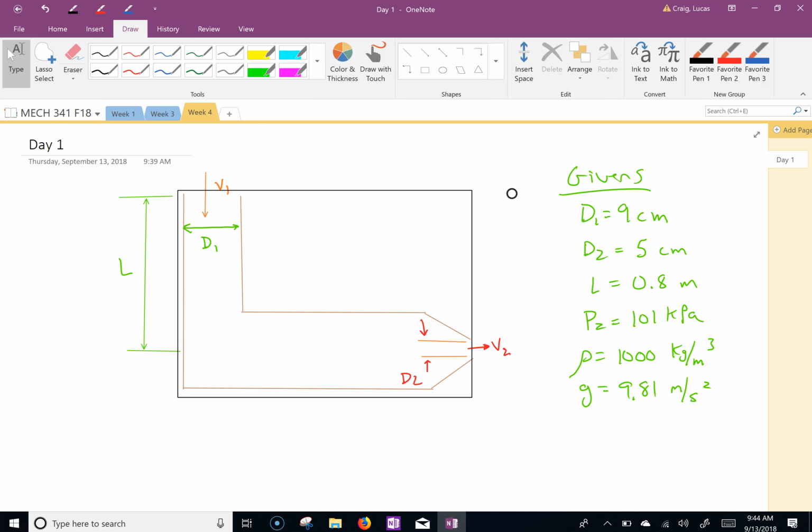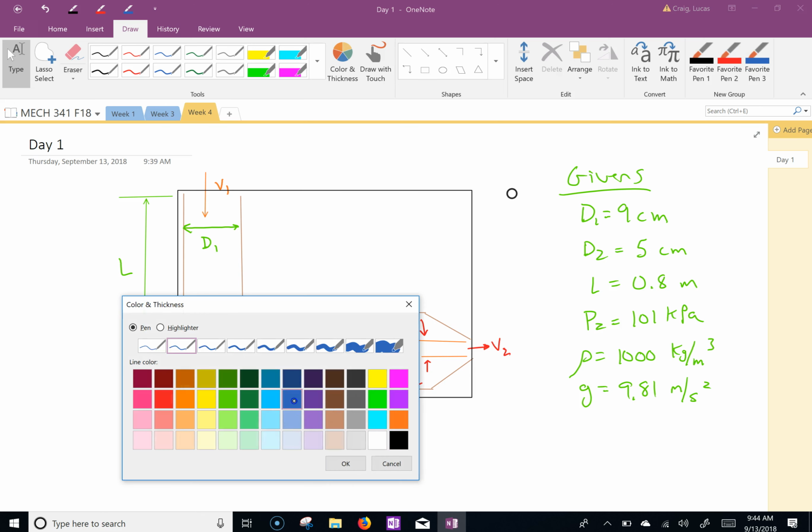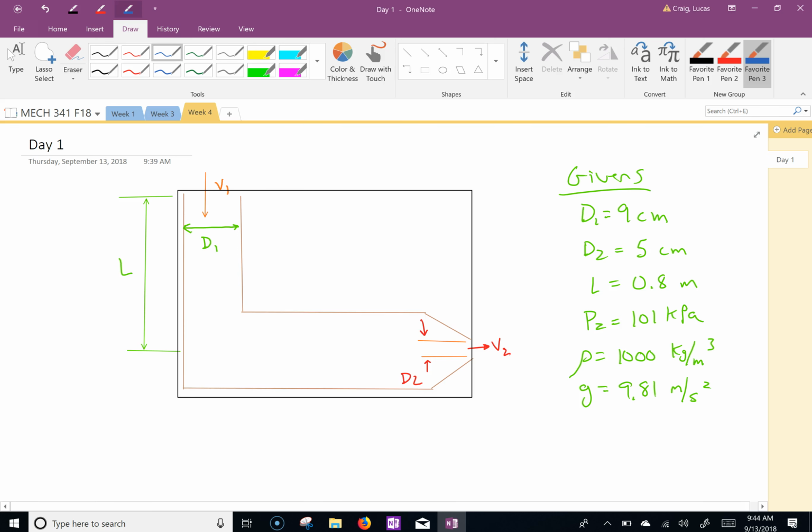So give me some forces acting on that control volume. At where? 2? Good question. At state 1, we cut it. There's a pipe there, so the water comes in.